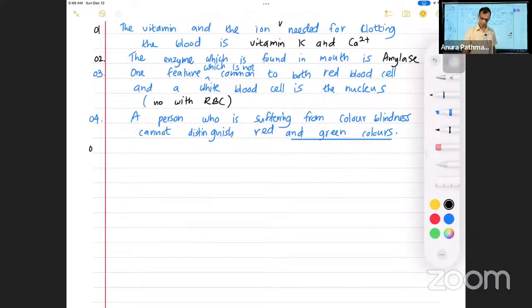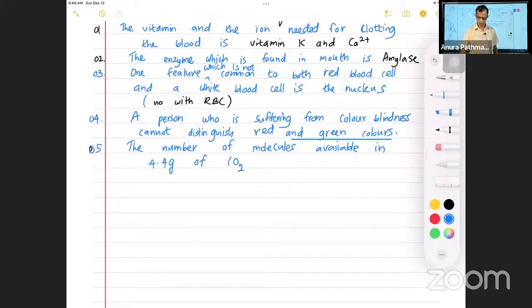Question number 5. The number of molecules available in 4.4 gram of carbon dioxide is.